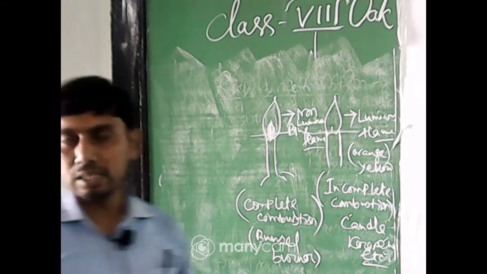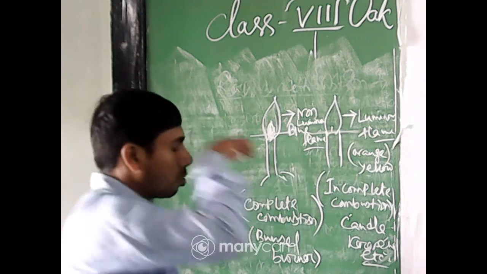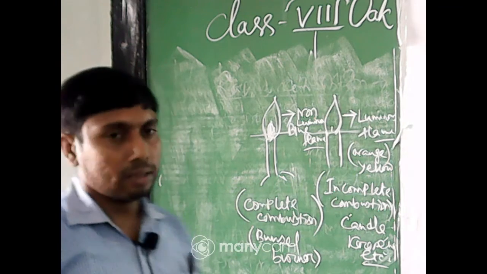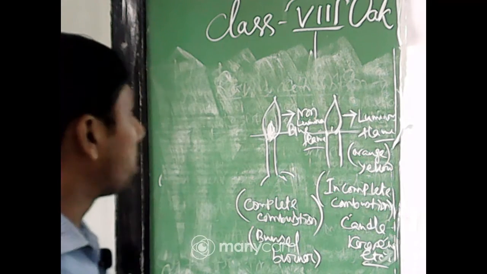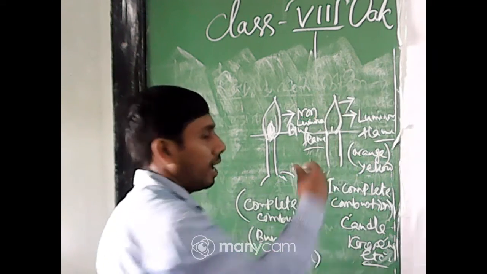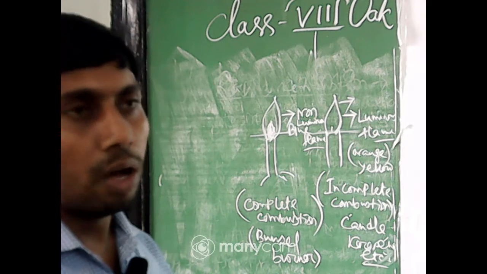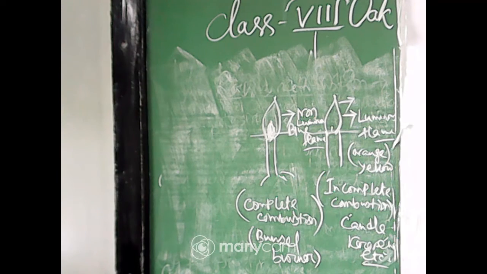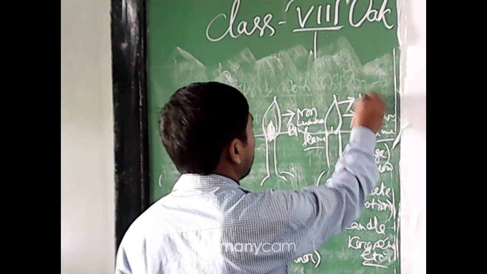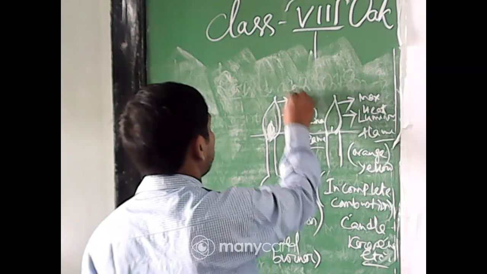Now, in these regions, for the luminous and also the non-luminous flame, the outermost layer has more heat. For this reason your book has a context that the goldsmith uses the outermost layer to melt materials such as gold or silver, because the outermost layer is the maximum heating region.